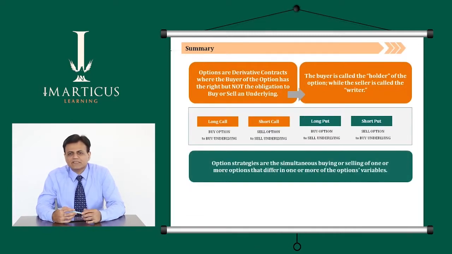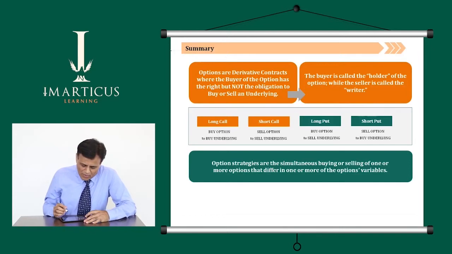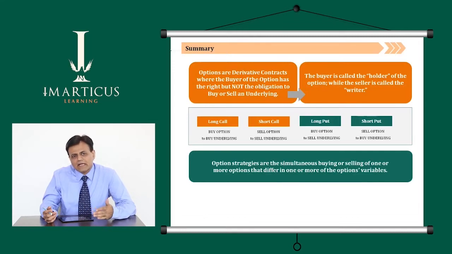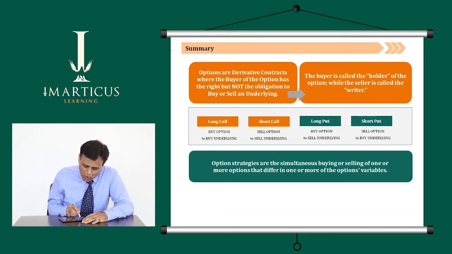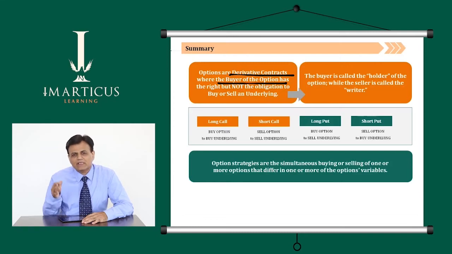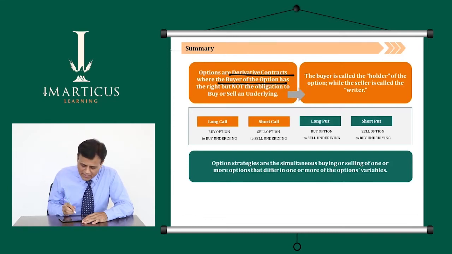Having understood these two strategies, let's just summarize our learnings for the day. Options are derivative contracts where the buyer of the option has the right to either buy or sell an underlying.